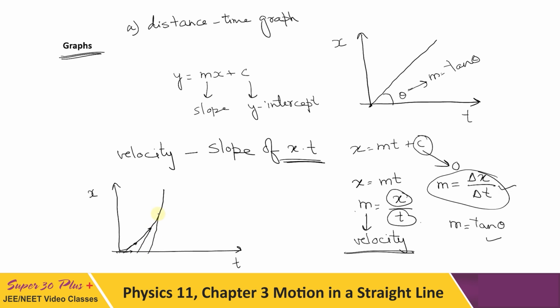So the slope keeps increasing. What does it mean? That the velocity keeps increasing. So this is the graph when velocity is not uniform. This is non-uniform motion. Where velocity is not uniform, it is called non-uniform motion. So this is the graph for non-uniform motion.